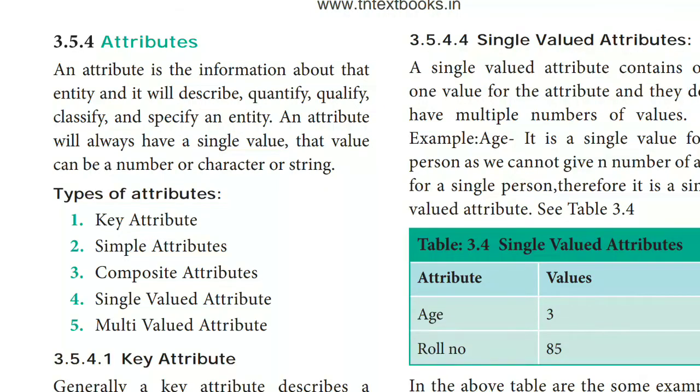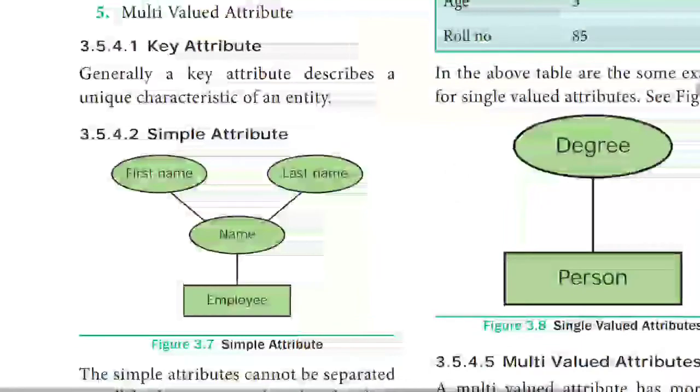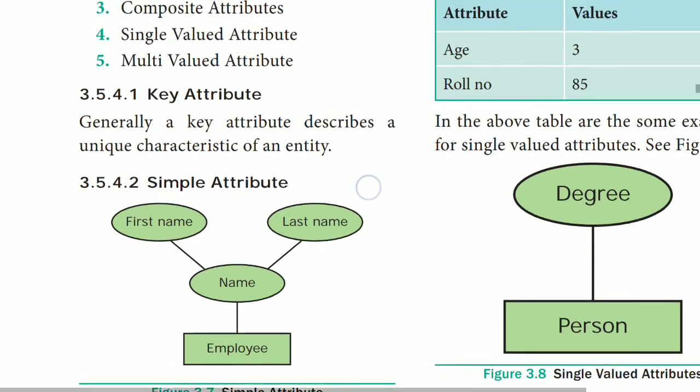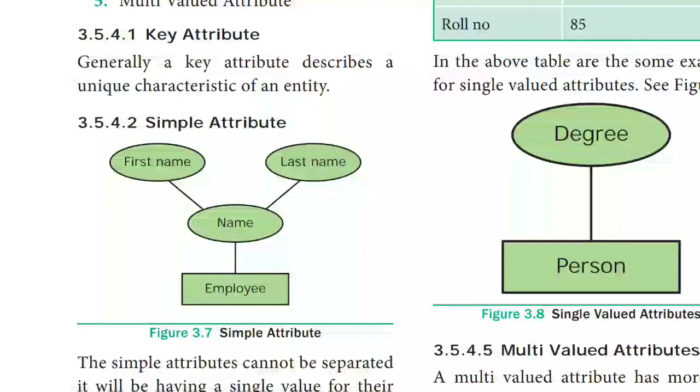There are types of categories: key attributes, simple attributes, composite attributes, single valued attribute, multi-valued attribute. Key attribute means this is the main attribute of the database.